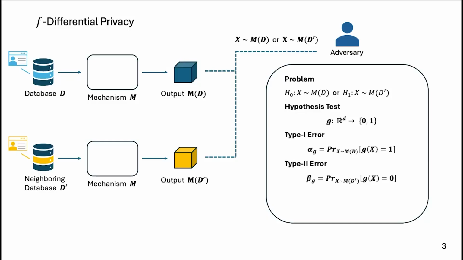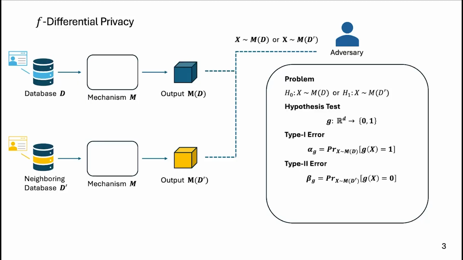This decision task can be expressed as a testing problem, where we have a hypothesis H0 that indicates that the value x was produced by database D, and an alternative H1 that indicates that the value x was produced by our database D dash.